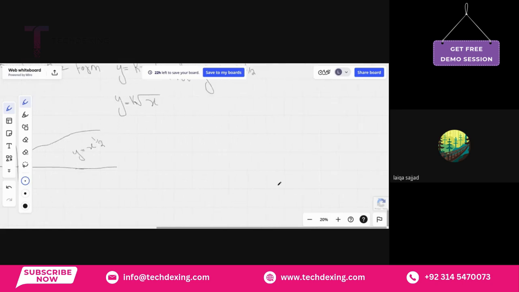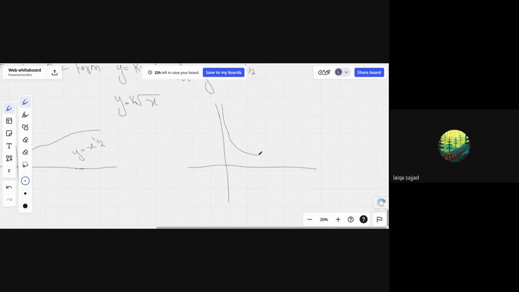And if the power is negative, it would be like this. Y would be equal to x to the power negative 1 by 2.